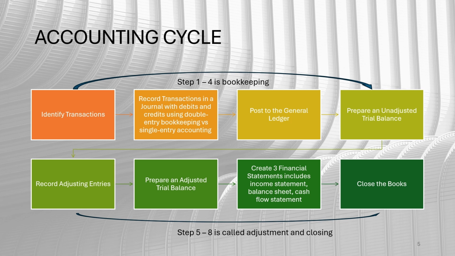From step 1 to step 4, they are bookkeeping steps. From step 5 to step 8, these involve adjustments, preparation, and closing tasks, so they are typically accounting activities. Mastering these steps ensures businesses maintain accurate and reliable financial records.